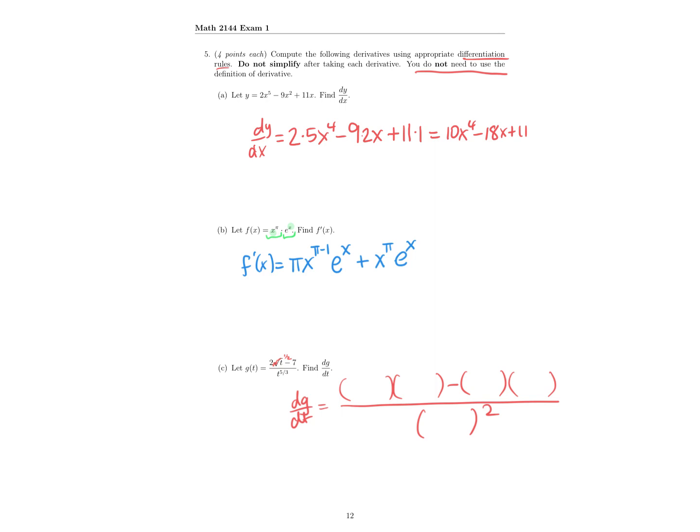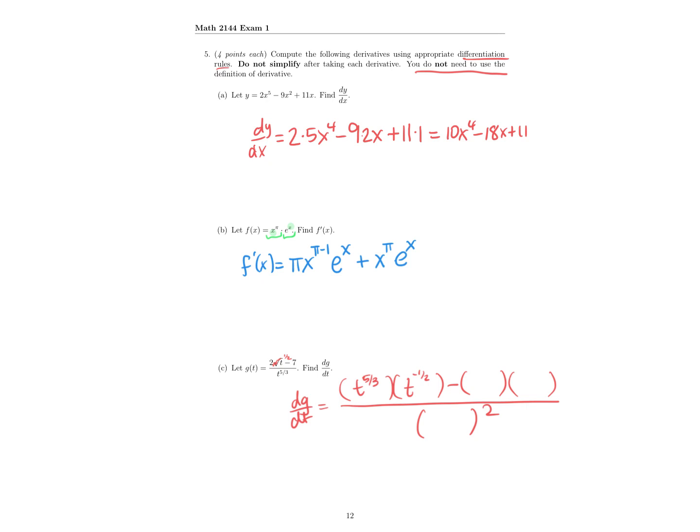Okay, so the quotient rule, we're going to do low d high, so t to the 5/3 times the derivative of the top. Well, by power rule, it's going to be 1/2 times 2 is just 1, t to the 1/2 minus 1 is negative 1/2. Okay, and then I'm going to do minus, so that was the bottom times the derivative of the top, minus the top times the derivative of the bottom.